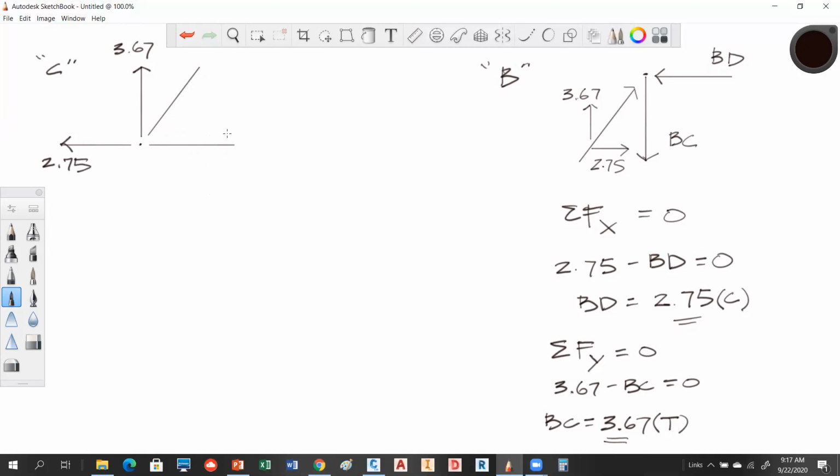But all right, so let's look at the diagonal. Can we say anything about the diagonal in terms of which way it's acting? Remember, this is going to have both a horizontal and a vertical component, but this guy's only going to have a horizontal component. So the vertical component of this guy has to counteract the vertical force, which is this guy. So which direction should this guy be acting if we think about that? Is it going to be tension or is it going to be compression?